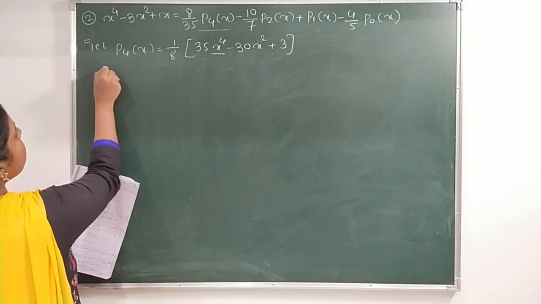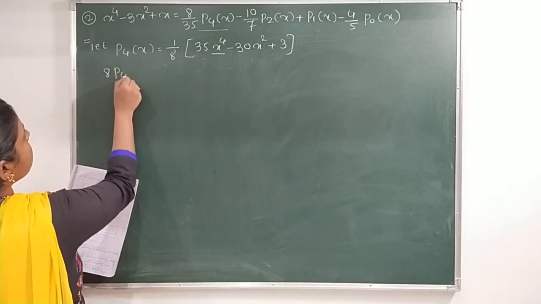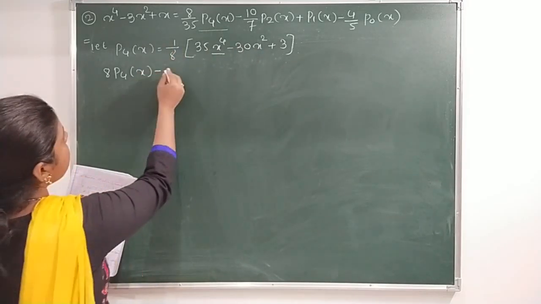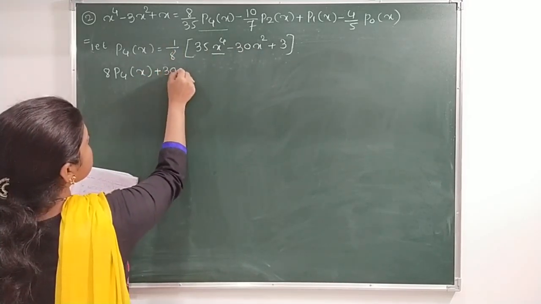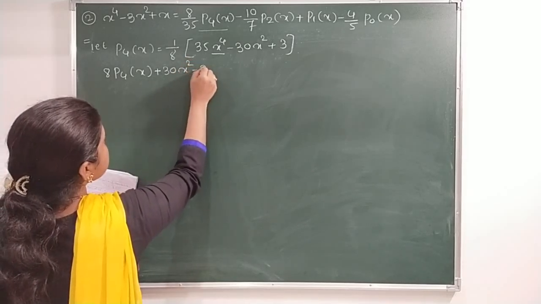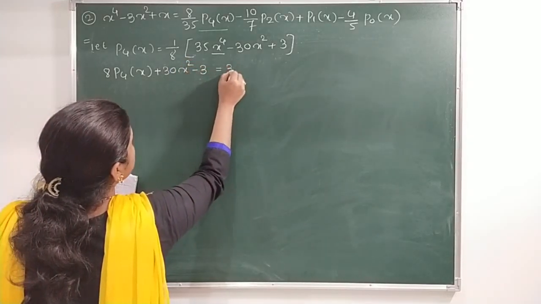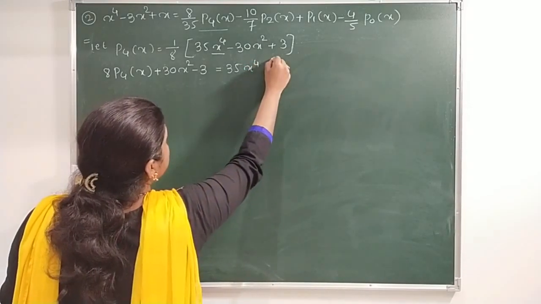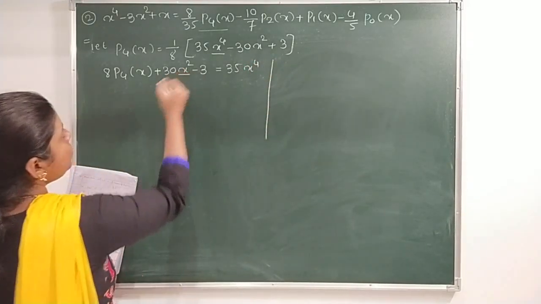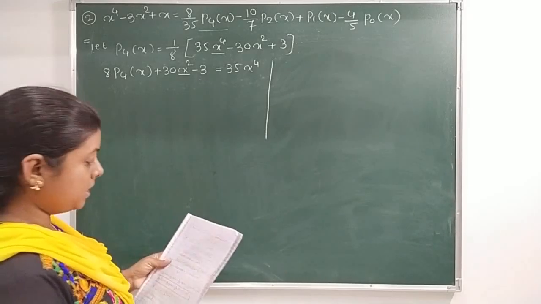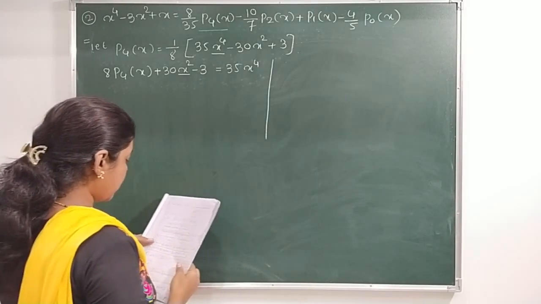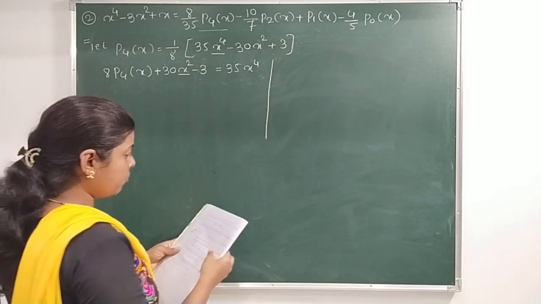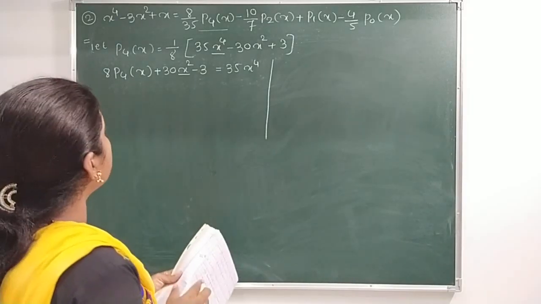That's why we rearrange 8P4 of x, and the remaining terms we take to this side. It becomes plus 30x square minus 3 is equal to 35x raised to 4. Now here also we want the x square term to replace. That x square term we will get from P2 of x.